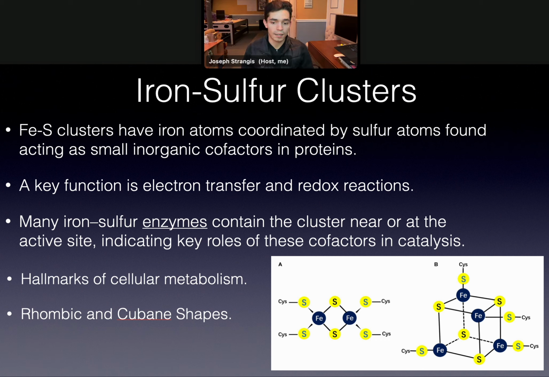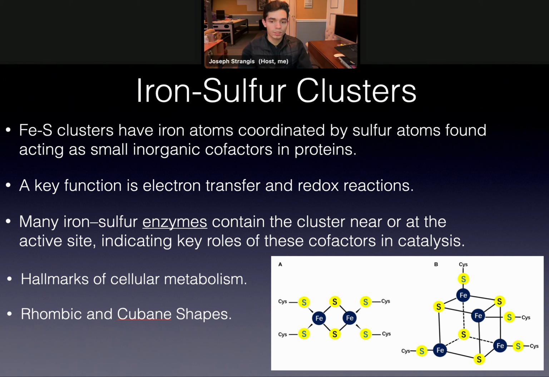And these clusters are known for roles not only in redox reactions in cell organelles like the mitochondria and chloroplasts, but they're also very useful in nucleic acid metabolism. So they're pretty much hallmarks of cellular respiration almost.